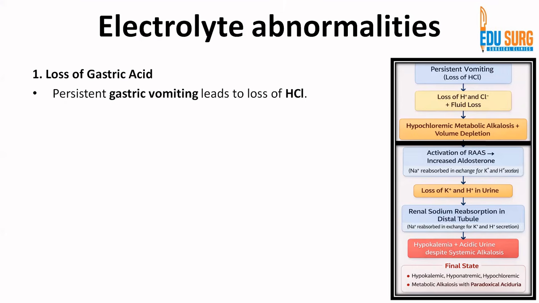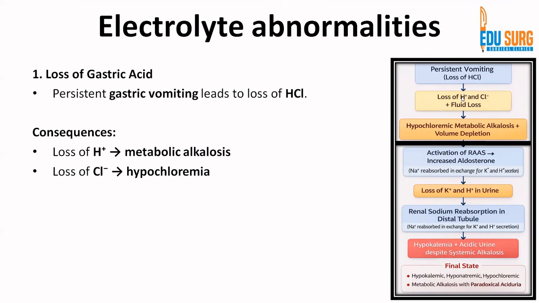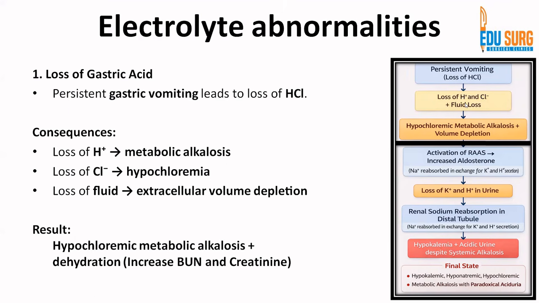The thing is, because of the blockage at the duodenum, the gastric acid accumulates in the stomach and vomiting leads to loss of hydrochloric acid. So as you can see here, there is loss of hydrochloric acid. So there is loss of hydrogen ion, which leads to metabolic alkalosis, and loss of chloride, which leads to hypochloremia. And loss of fluid.